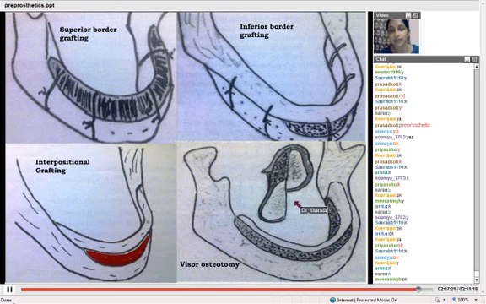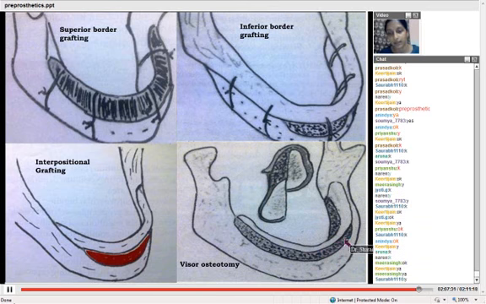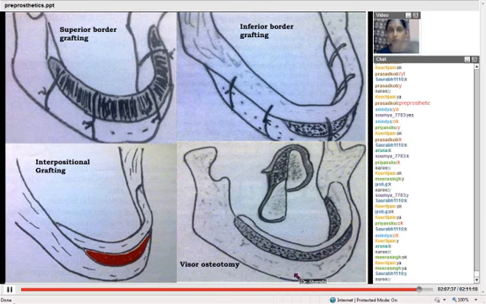And this is the visor osteotomy. Can you see this? The lingual plate is lifted up, and this difference, the black area here, between the height of the labial and the lingual, is going to be smoothened and contoured using your hydroxyapatite bone fill.